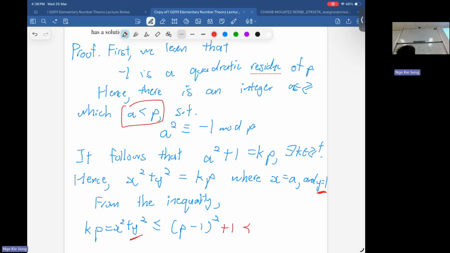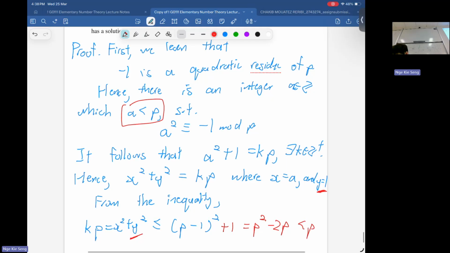If you expand this out, p squared minus 2p plus 1, minus 1. So this term is p squared minus 2p. What is p squared minus 2p here? I don't really care, but what I care about is that this thing is less than p squared.